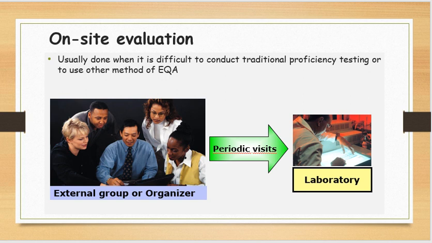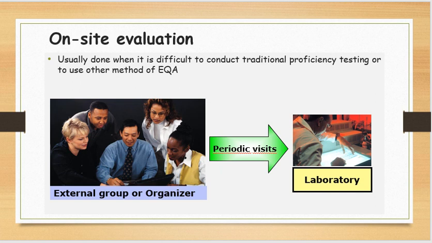And another method is on-site evaluation, usually done when it is difficult to conduct traditional proficiency testing or use other methods of EQA. Maybe it is for tests that are done in only one lab in the region and no proficiency testing is provided.